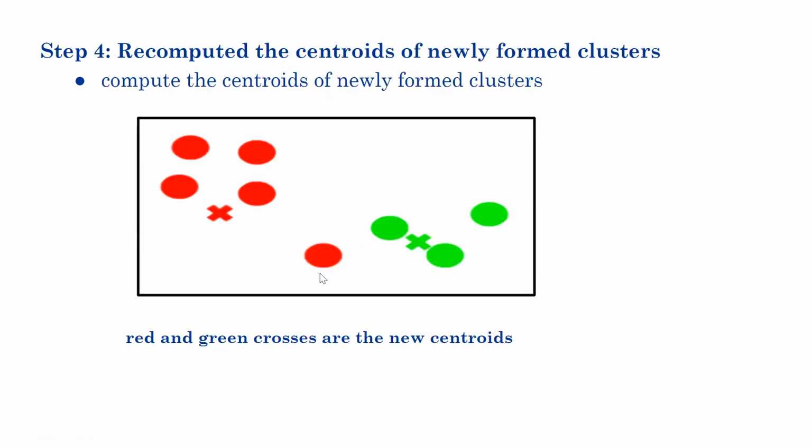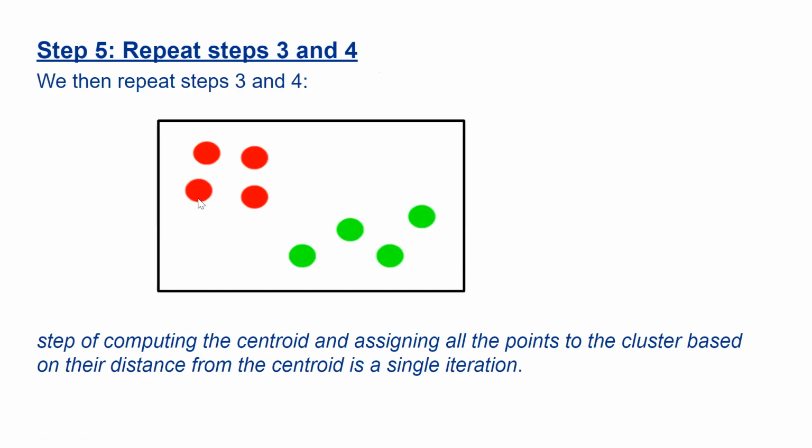I show you the previous picture. See, this red point is lying near to the green centroid, not to the red one. So that's why this point has been added to this cluster. See, now in the red cluster, before we had 5 data points, now we have 4 data points because one data point was lying near to the green cluster.